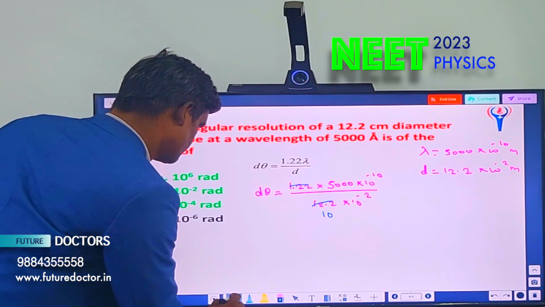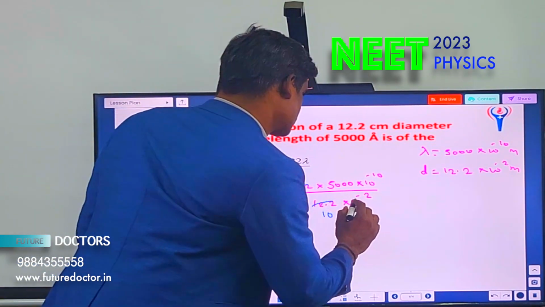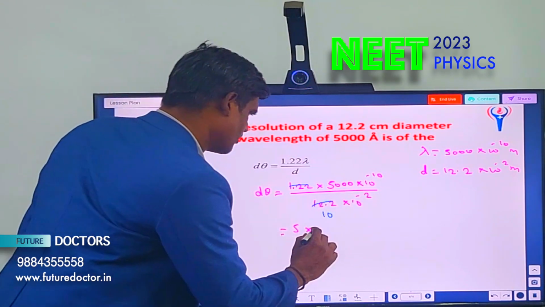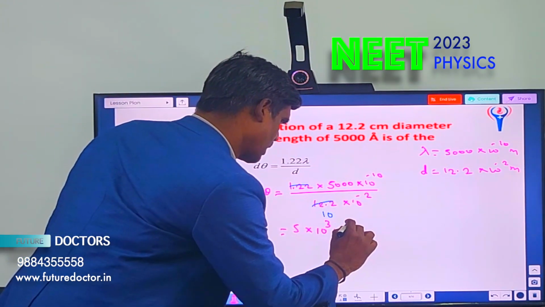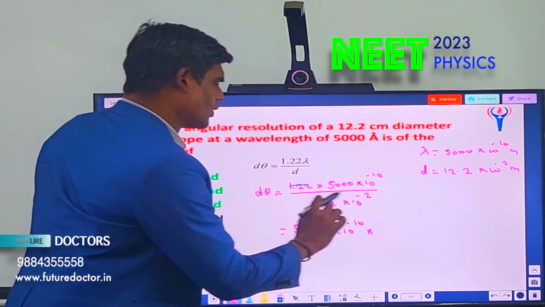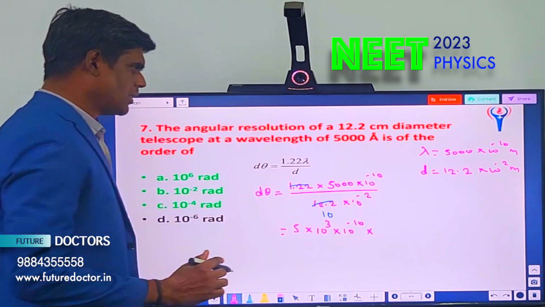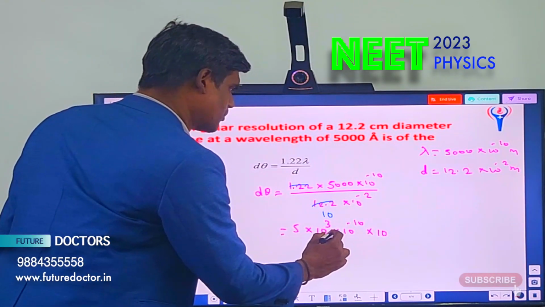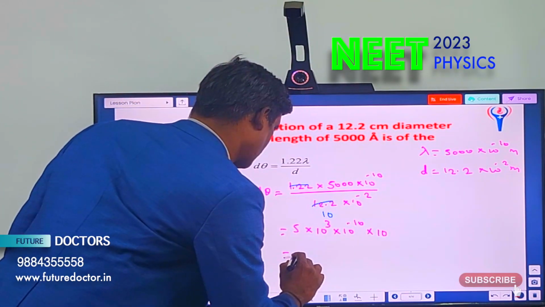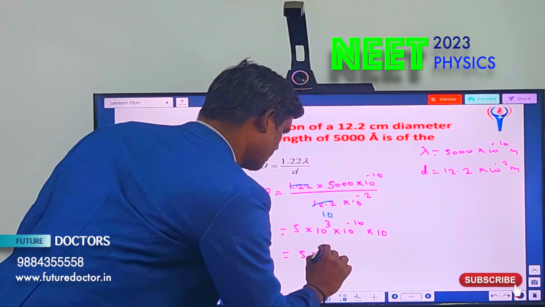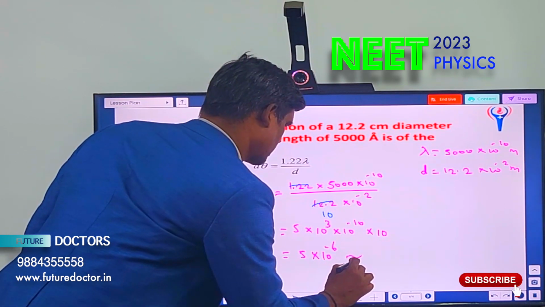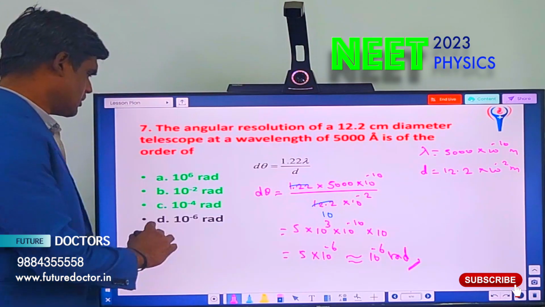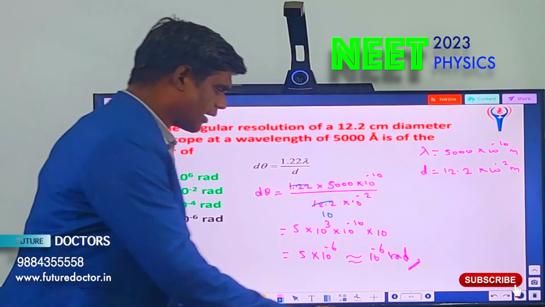Now, 5000 into 10 power minus 10, 5000 I can write as 5 into 10 power 3 into 10 power minus 10, into 10 power minus 1, comes up 10 power 1. And if you simplify this, 5 into 10 power 4 into 10 power minus 10 gives 5 into 10 power minus 6. This is approximately 10 power minus 6 unit radian. Which option? Option D. Option D is the correct answer.